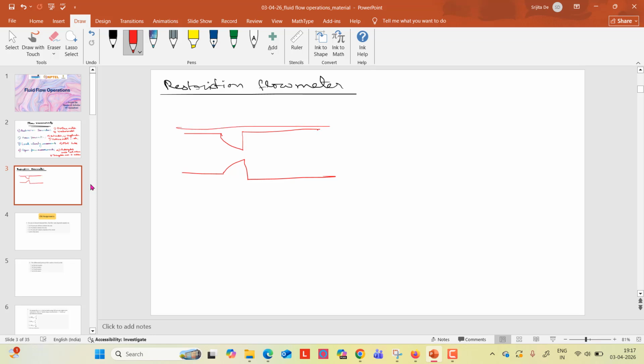There is a pipe, suppose. It means here the flow is happening. The inlet diameter, suppose you can call it D1. This is region 1. This is region 2. And here there is a restriction to the flow, this region. Okay.